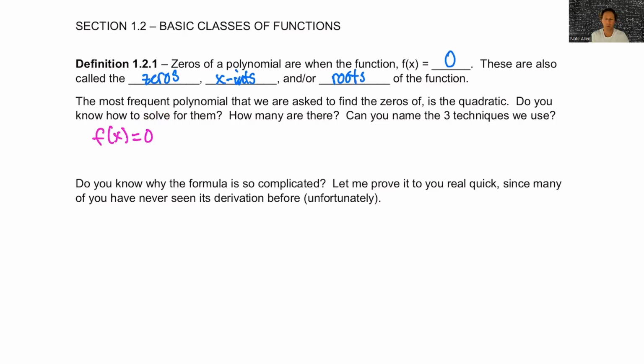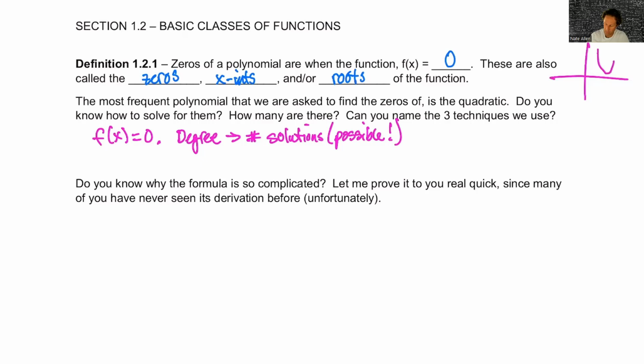How many will there be as far as our zeros, x-intercepts, or roots? Well, hopefully you know that it is whatever the degree is. Maybe. Could be less because sometimes we have some that repeat. For example, if we had a parabola that was like this, we would have none because it's not touching.